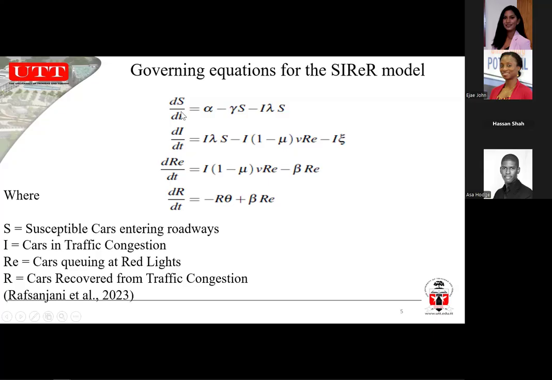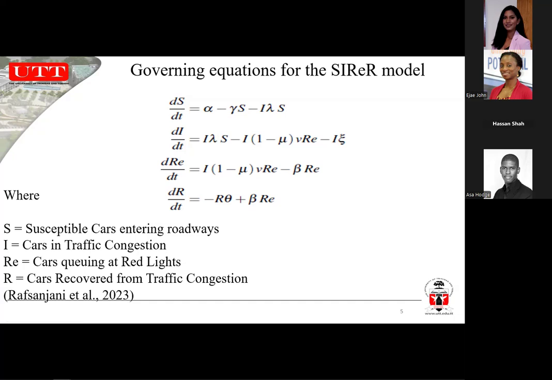Again, if we look at our first equation, we have alpha, which represents the birth rate, so that will be cars entering the road. Then we have, in particular, lambda, which represents the transmission of susceptible vehicles into congested vehicles. Also, if we take a look at the second equation, we would see that same expression showing up again.